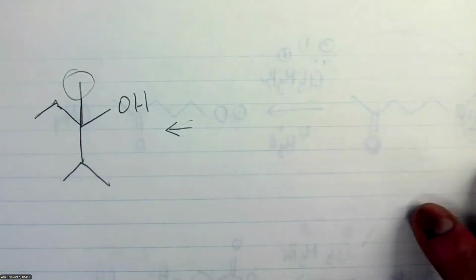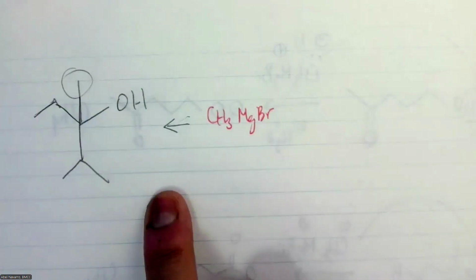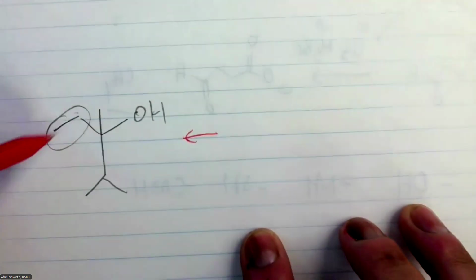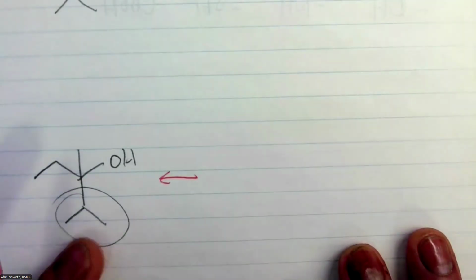So in this case, my Grignard will be methyl Grignard. If it's this one, then my Grignard will be ethyl Grignard. And in this last case, if this one was my option, I would use isopropyl Grignard.